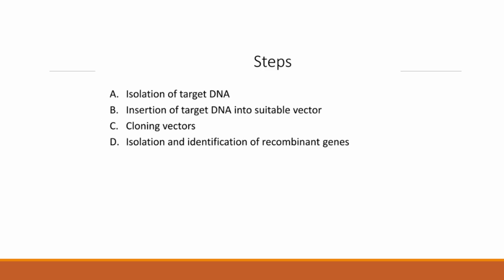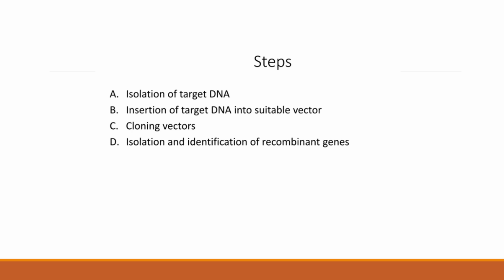Coming to the steps, the first step is isolating the target DNA and vector DNA. Then these two isolated DNAs are inserted together. That is the second step. Next is cloning. The vector DNA and the target DNA will become recombinant DNA.